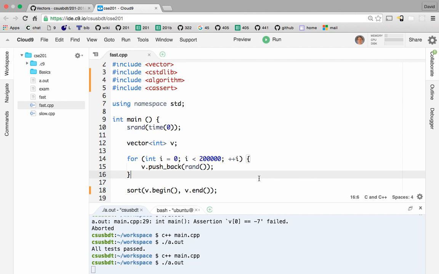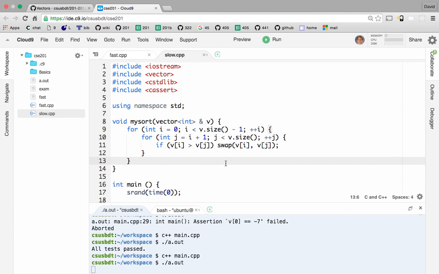In fact, in this algorithm that we came up with, the problem is in here, this comparison right here. The number of times that comparison runs is proportional to the size of the vector squared.